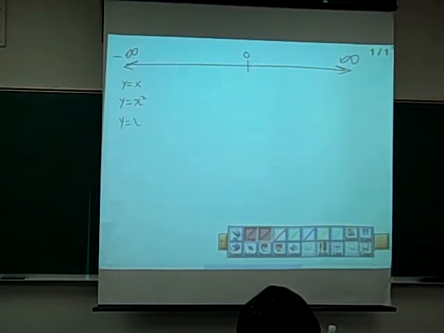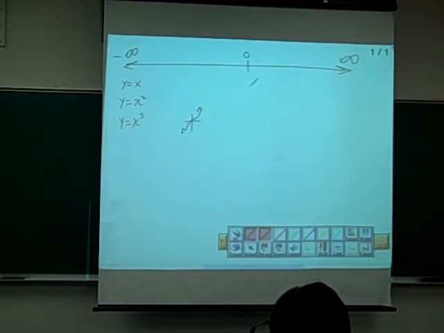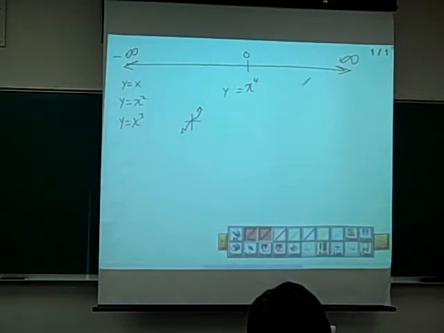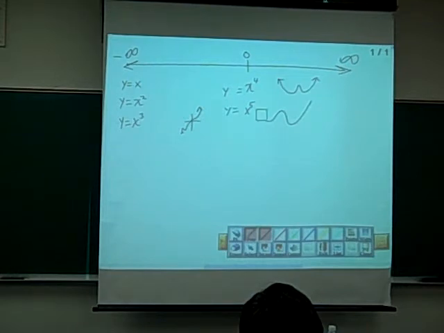Y equals x cubed goes up to the right and down to the left, so that continues on negative infinity to infinity. Then x to the 4th, and x to the 5th, and so on. Those are all going to be negative infinity to infinity.